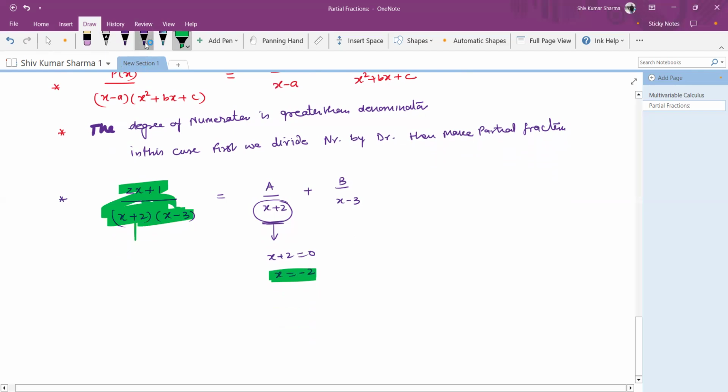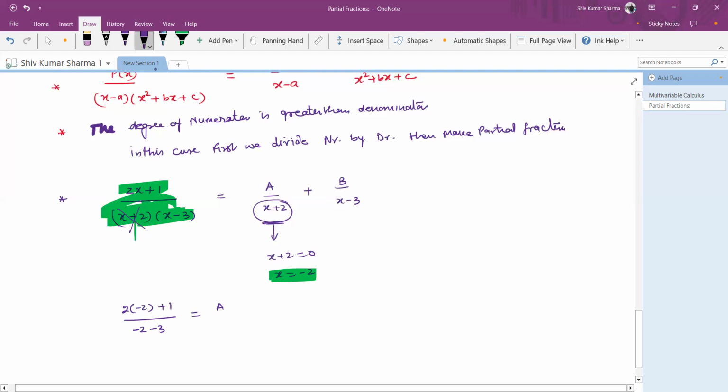We do not use this factor while putting x equal to minus 2. So we put x equal to minus 2: 2 into minus 2 plus 1, upon minus 2 minus 3, for finding a.